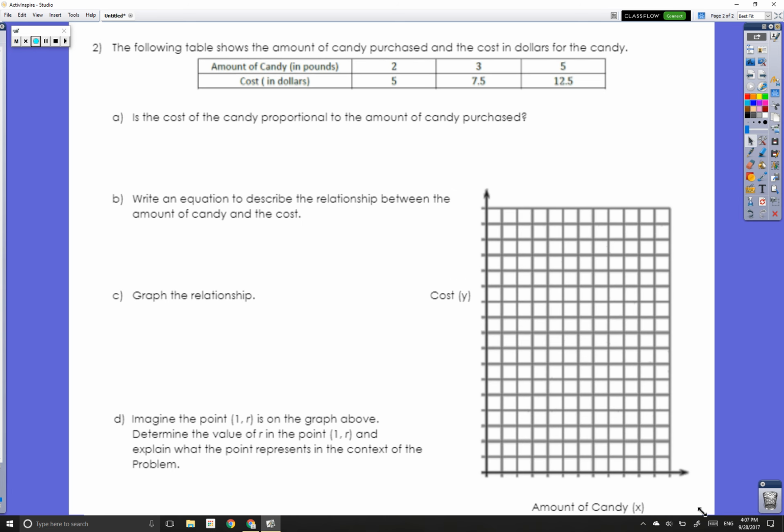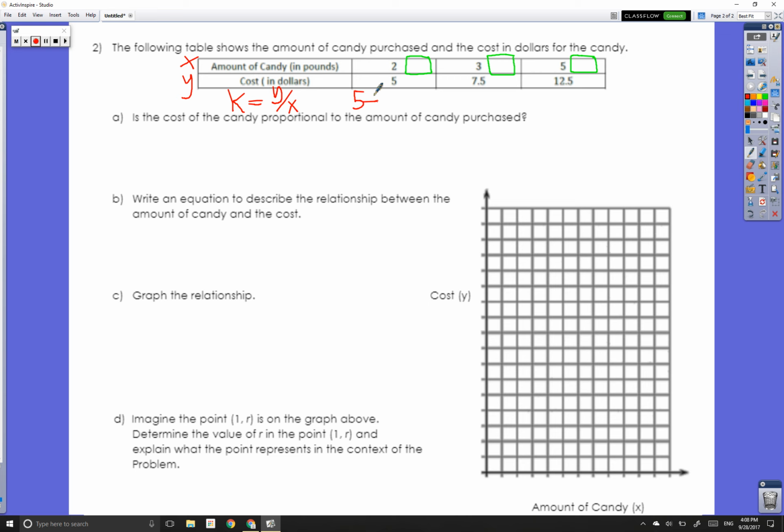So when I look at my table, you're trying to find, is there a number I can multiply each of these x values by to give me the exact y values listed? And sometimes it's easy to tell, and sometimes it's not. And if it's not easy, we can use the formula that the constant of proportionality, or the unit rate, is always found by the y number divided by the x number.